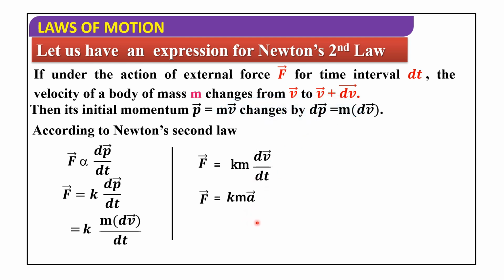F is equal to k m a, where acceleration a bar is equal to dv bar by dt. So F bar is equal to k into m a bar. If k is equal to 1, then F bar is equal to m a bar. This is Newton's second law of motion statement. Mathematically, it can be written as F bar is equal to m a bar.